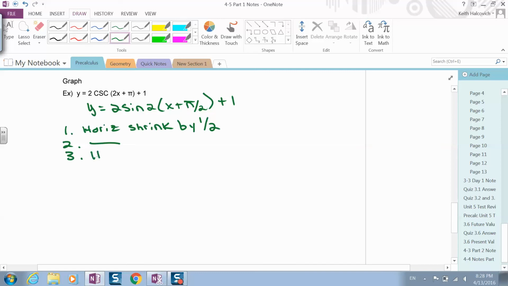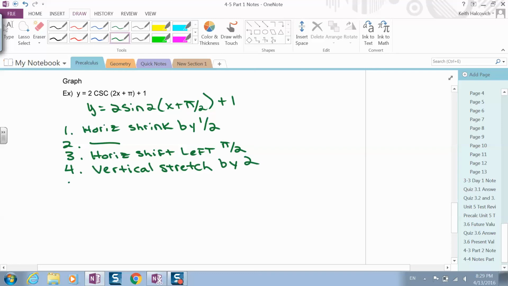There is a horizontal shift left pi over 2. There's a vertical stretch by 2. There's no reflection, and then there's a vertical shift up 1.